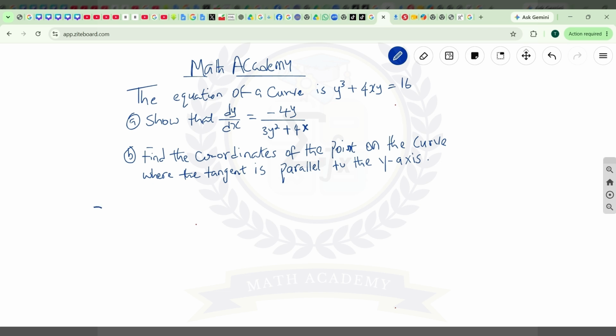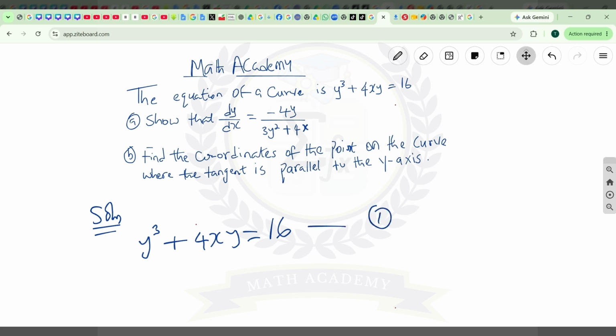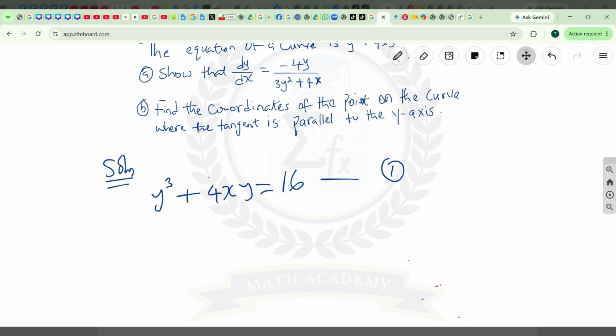So for the first part of the question, we need to differentiate y cubed plus 4xy is equal to 16, and call this equation 1. I'm going to differentiate both sides, that's the left hand side and the right hand side, implicitly with respect to x.